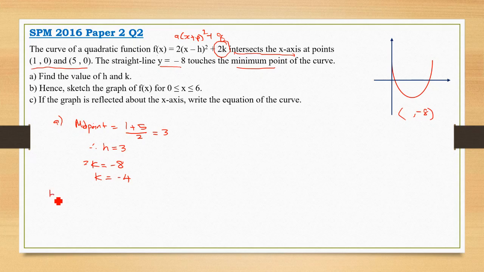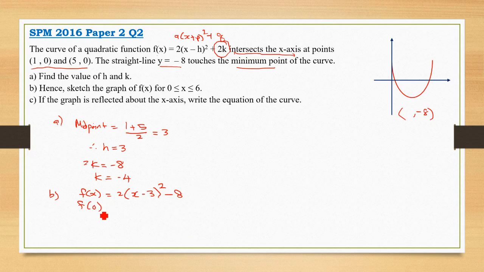Now in part B, what they ask you to do is sketch the graph, but you must have it between 0 and 6. Not only 1 and 5, you need to find out when x is 0 as well as when x is 6. Since you already have your values of h and k, let's put it in: (x minus 3) squared, because your h is 3, times 2, minus 8.